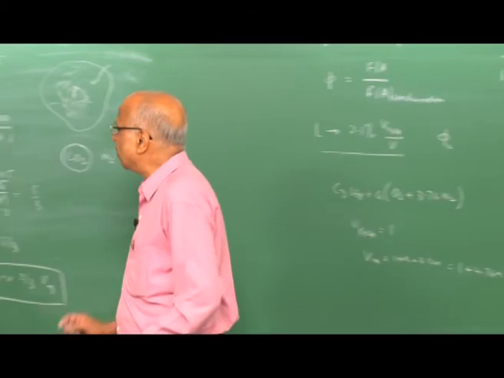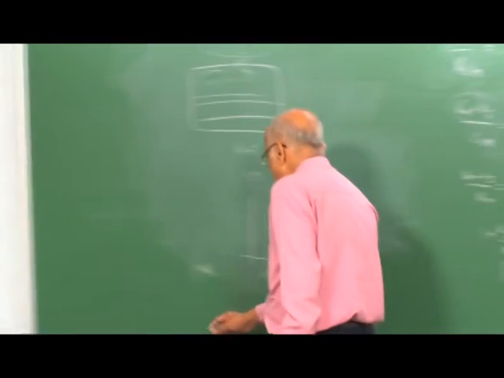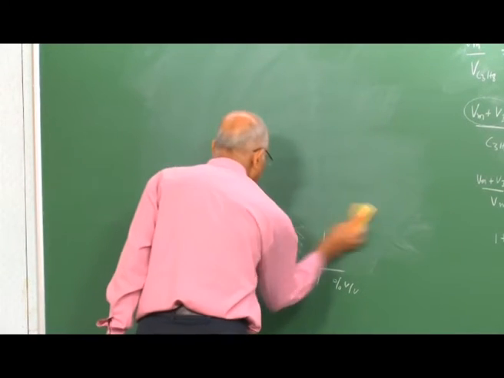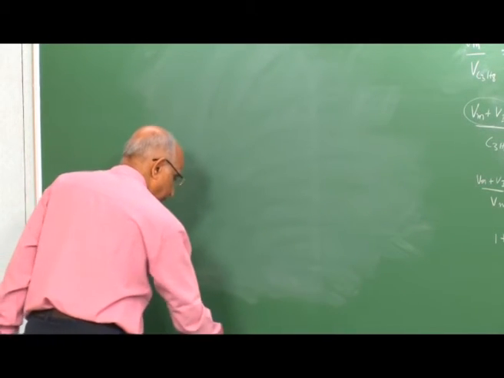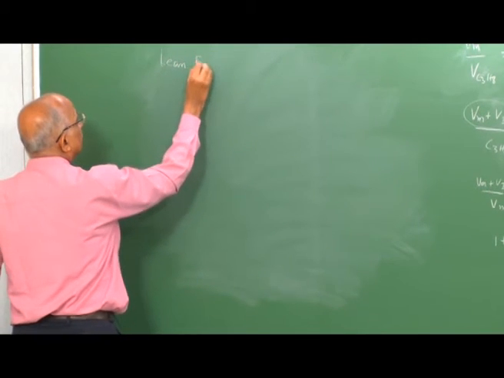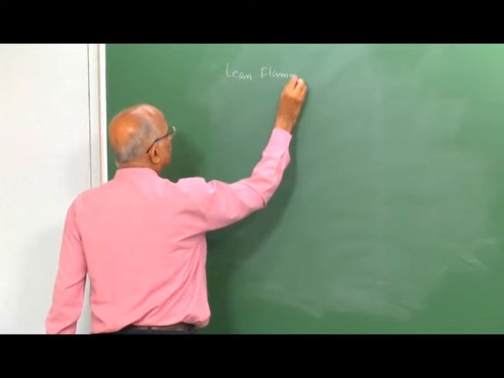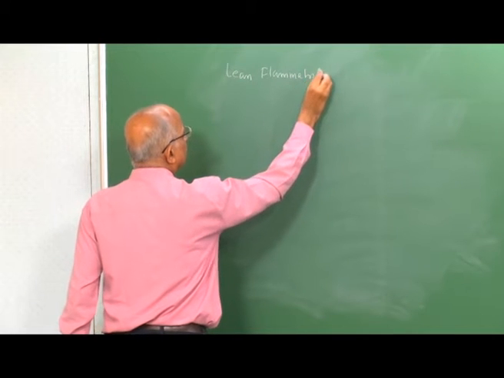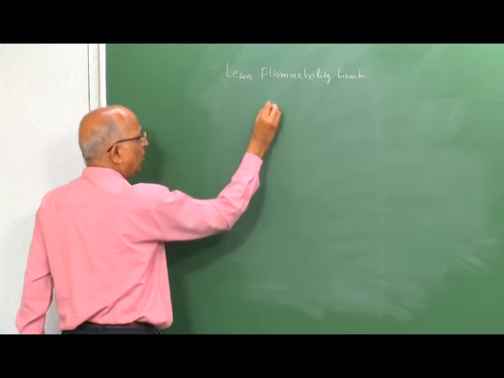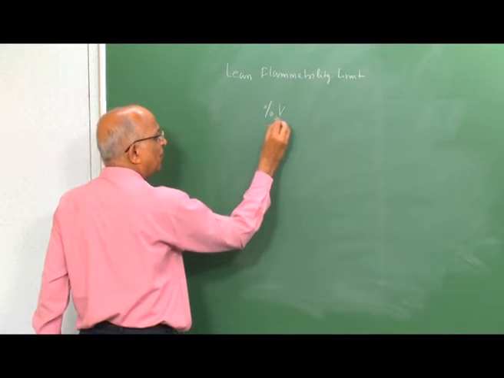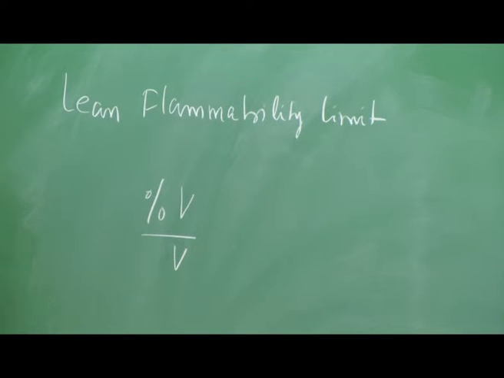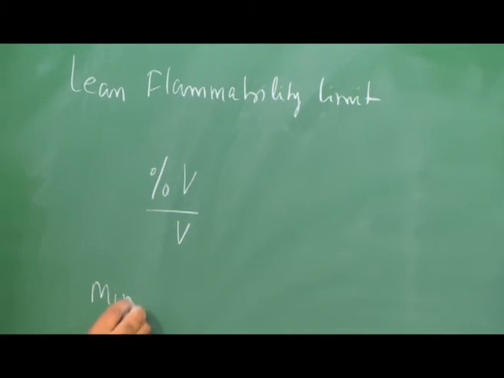Instead of talking in terms of lean flammability limits, wherein we are talking of percentage volume of the fuel divided by the volume of the mixture, people also talk in terms of minimum oxygen concentration.